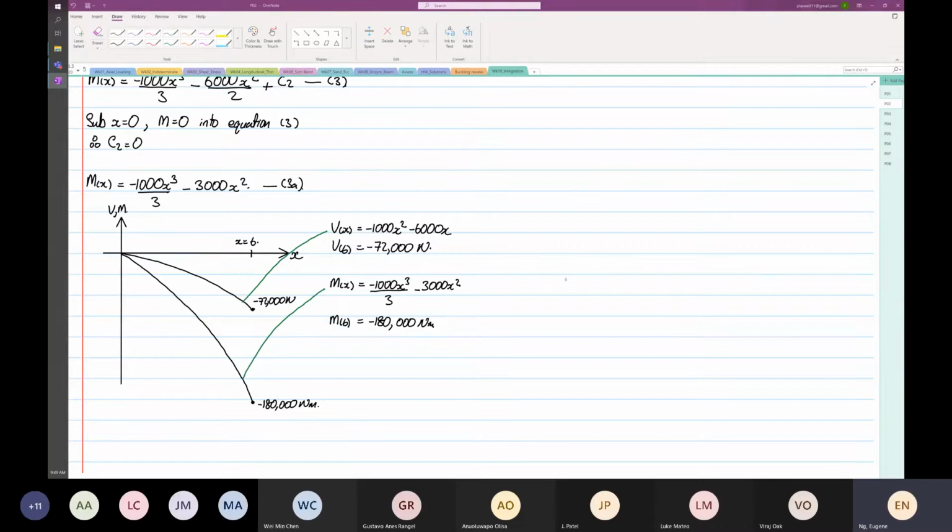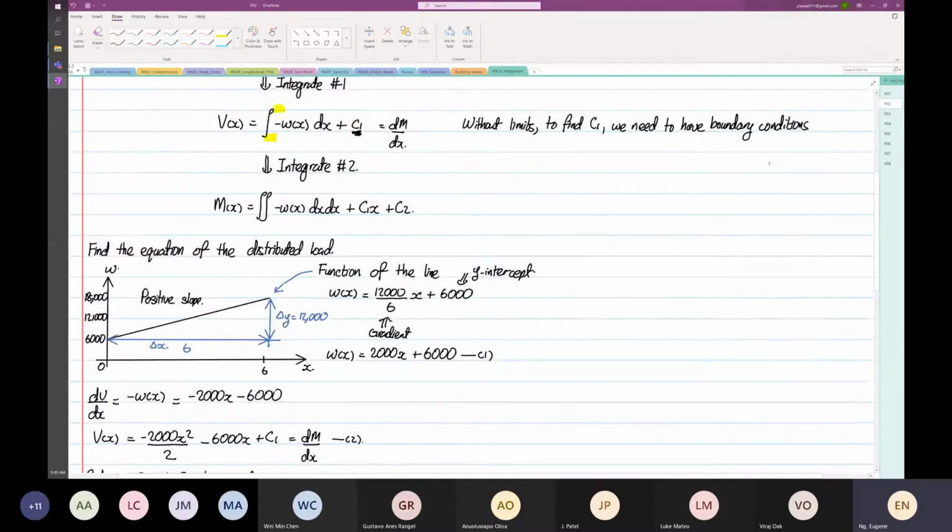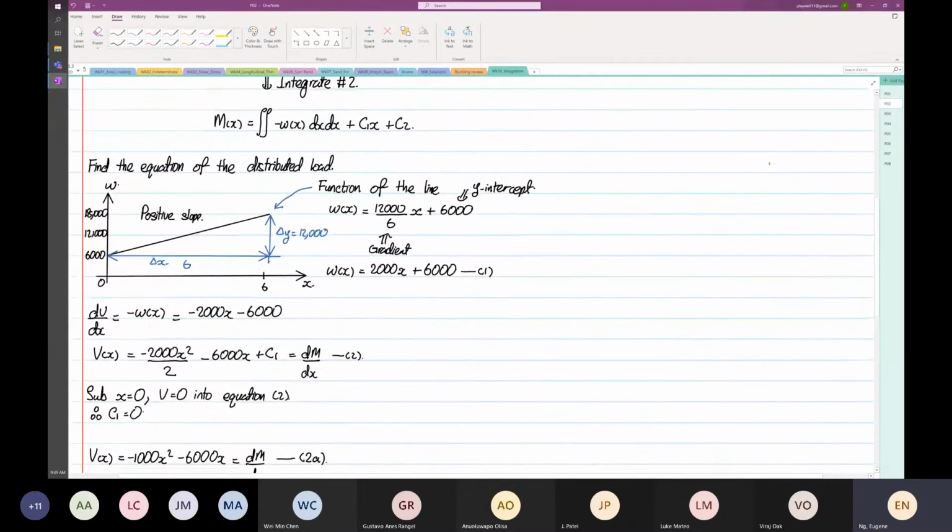Let's try. I'm going to write on the same page, and we're going to start from here. We're going to do the same thing. I'm just going to show you if we use the positive shear and positive bending moment method, what you must go through.